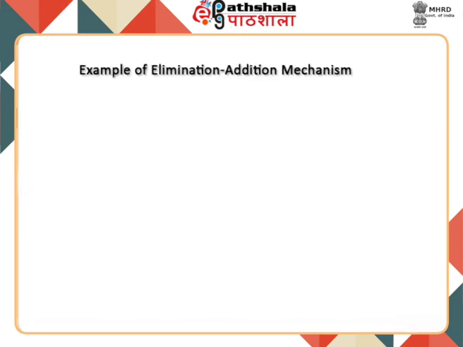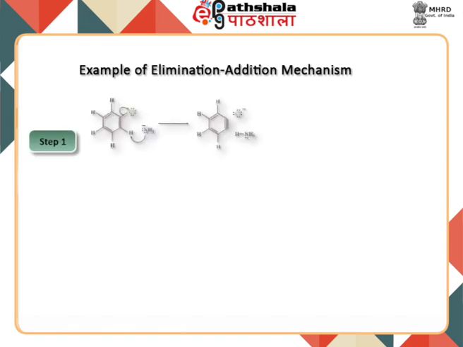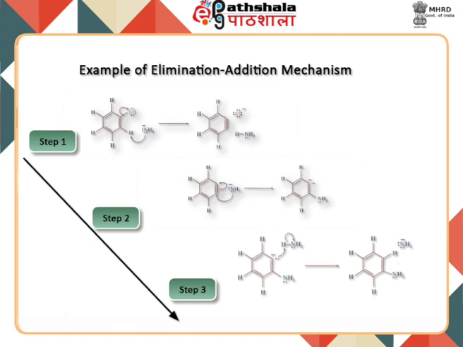In an elimination-addition mechanism, the first step is elimination of the proton ortho to the substituent present and formation of the benzyne intermediate. The second step is attack of the amide ion on the benzyne intermediate. The last step involves abstraction of a proton from ammonia.